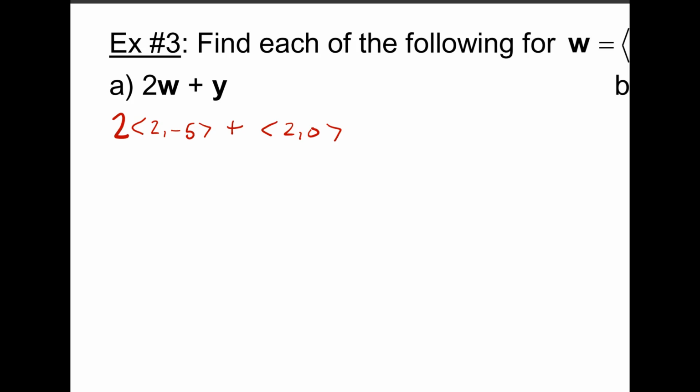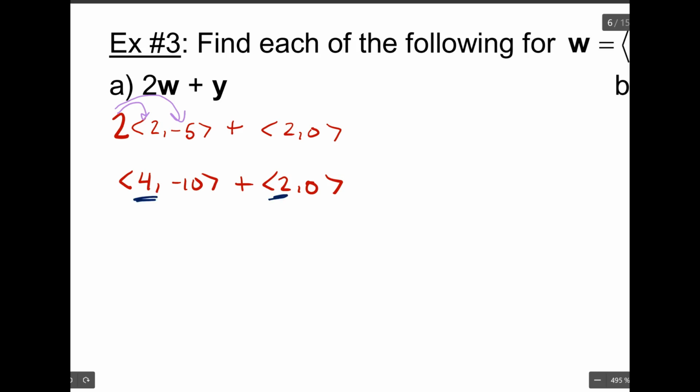Alright, so let's deal with the scalar first. So I'll distribute the 2. So I have 4 comma negative 10 plus 2 comma 0. Because remember, these are both vectors. It's the x and the y component. So what we're going to do is add like corresponding parts together.